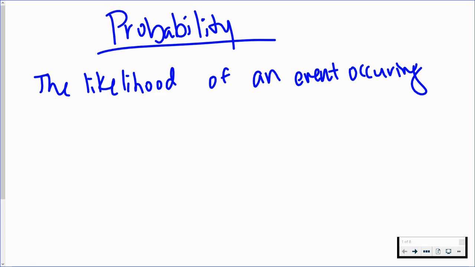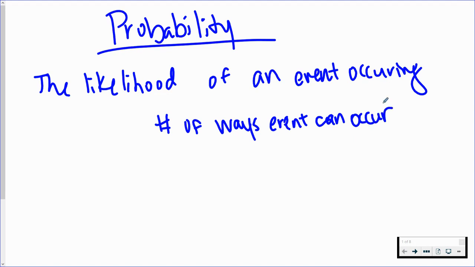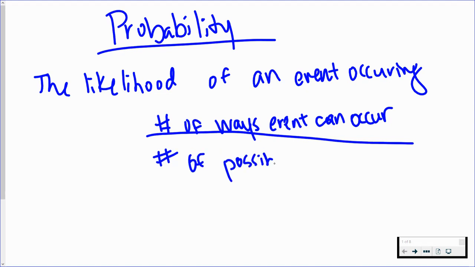The way that we calculate probability is we take the number of ways an event can occur, and we divide it by the number of possible outcomes. Again, everything is different for different problems.